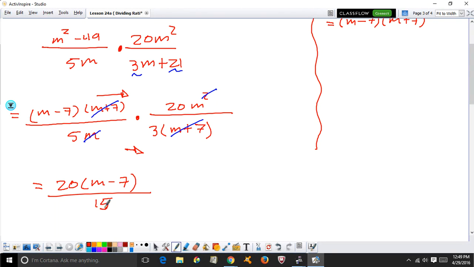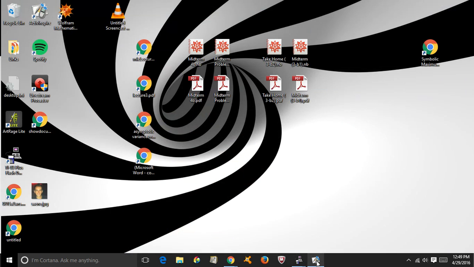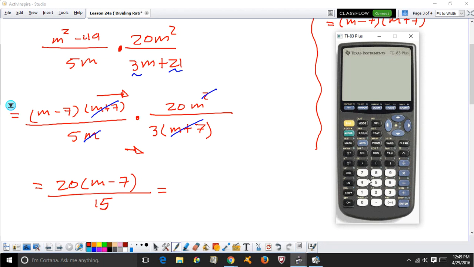So now we need to take care of this expression. Is there a way for me to simplify 20 over 15? Because that's the fraction that we have now. You can rewrite this as 20 over 15 times m minus 7, but that might be a little bit confusing here, so we're going to keep it this way. So can I simplify 20 over 15? Let's just use our calculator to save some time here.